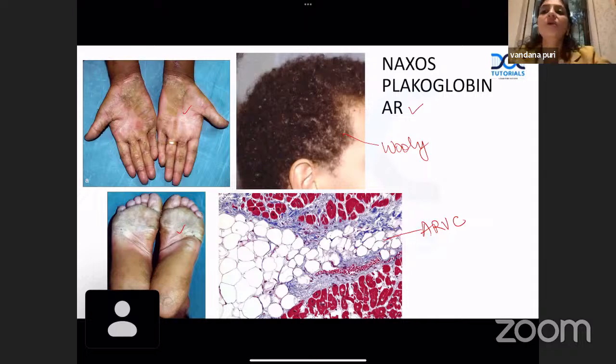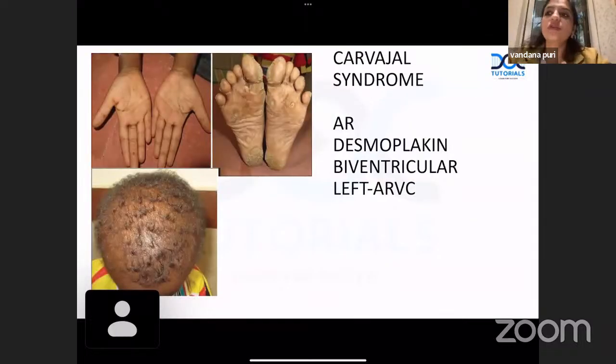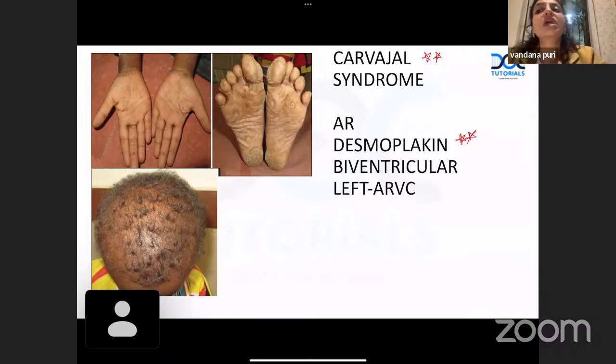Apart from that, we have another syndrome which has been very recently talked about. This is called Carvajal syndrome. Carvajal syndrome is also like Naxos syndrome, that is palmar-plantar hyperkeratosis and woolly hair. It is also autosomal recessive. Now, the classical point is it is associated with desmoplakin mutation. When desmoplakin mutation is associated with Carvajal syndrome, it is usually autosomal recessive, and in that case it is biventricular or left-sided ARVC which is affected.